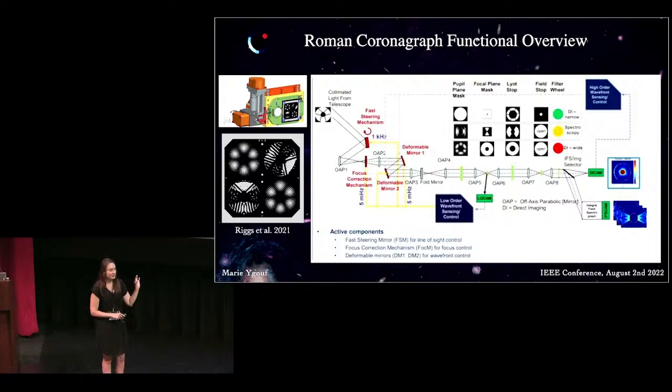The problem is that if you have a lot of jitter and the star is not well at the center of the coronagraph, it will not perfectly remove the stellar residual, so you really need that system to help correct for that jitter. And then the second adaptive optics system is the high order wavefront sensing and control that is fed by the science camera directly, and that will correct higher order aberrations.